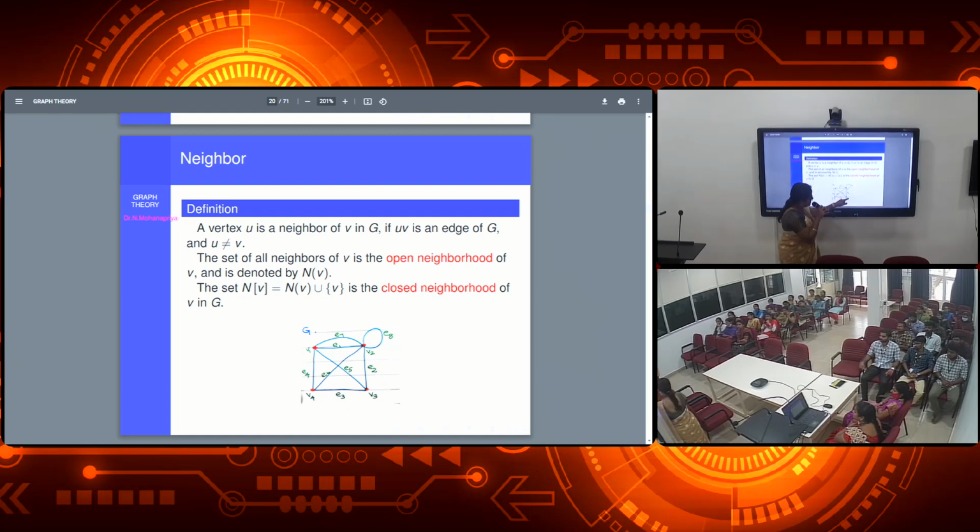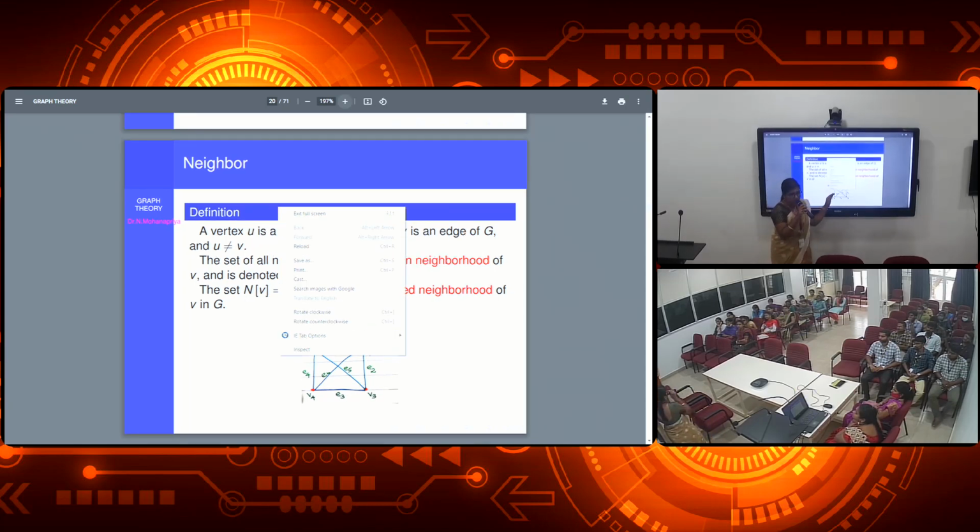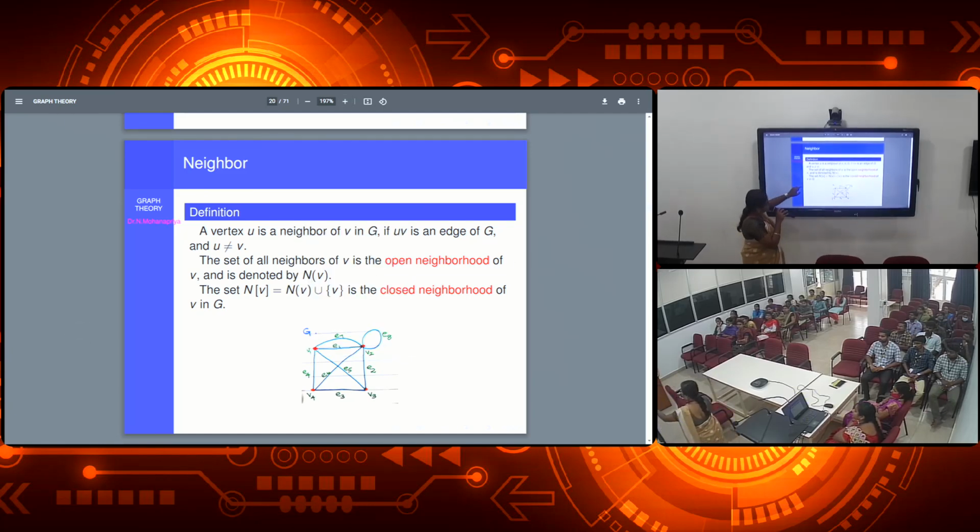These are the neighboring vertices of the vertex V1, right? So V2, V3 and V4 are the open neighborhood of the vertex V1. If you include V1 also along with the neighborhood, we say that it is the closed neighborhood. We denote N of V as the open neighborhood, and N of closed V as the closed neighborhood of a vertex in a graph G.